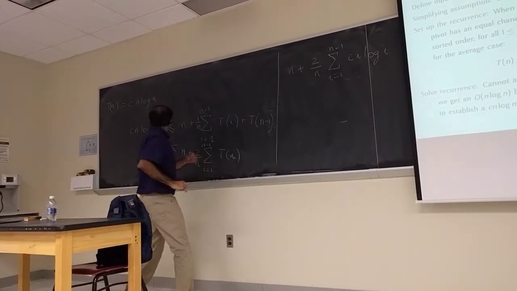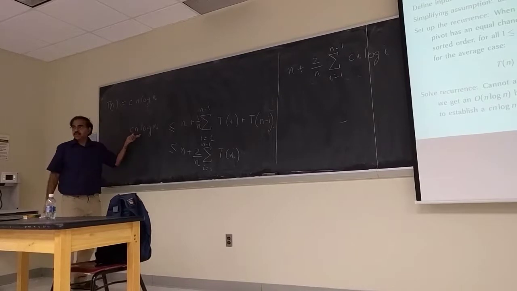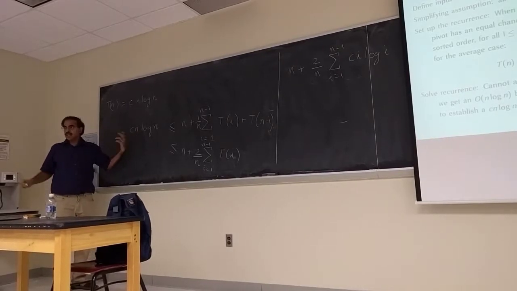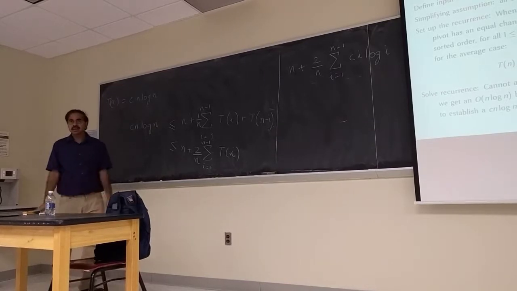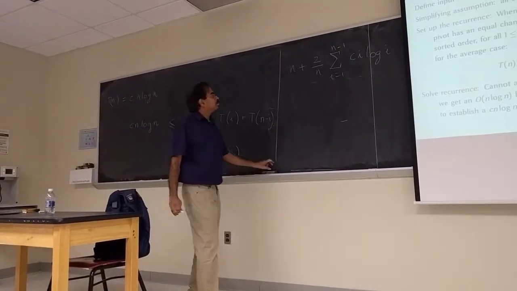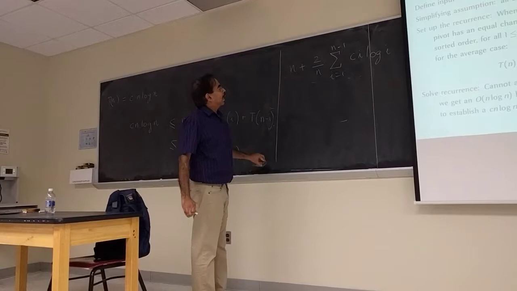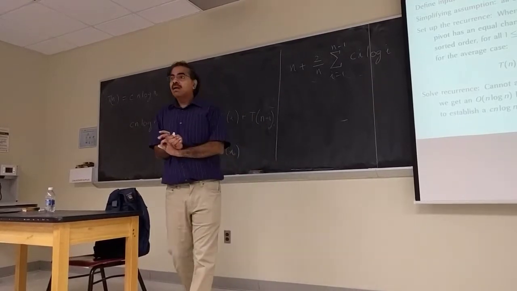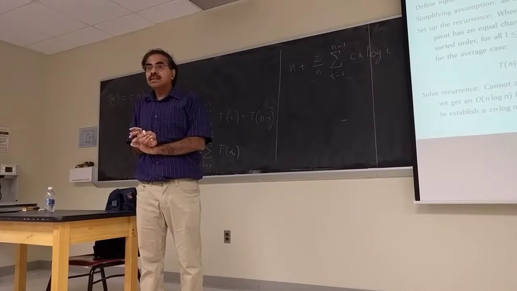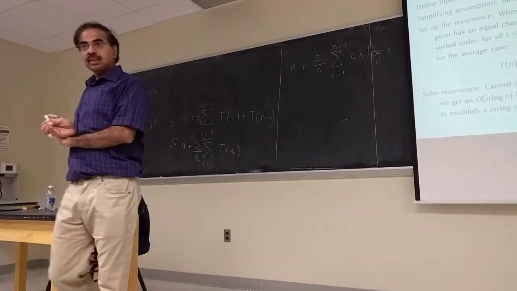So T of i, we substitute our guess on the right-hand side, and we check, are we able to still establish a bound? Okay, so now, how do we sum i log i? It's not something that we know how to do.